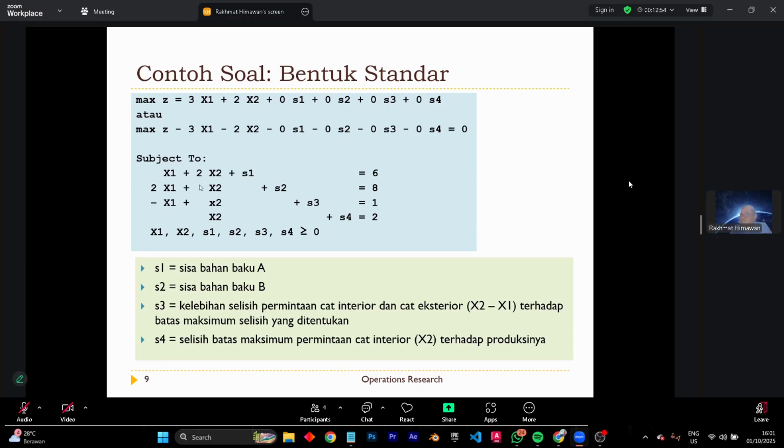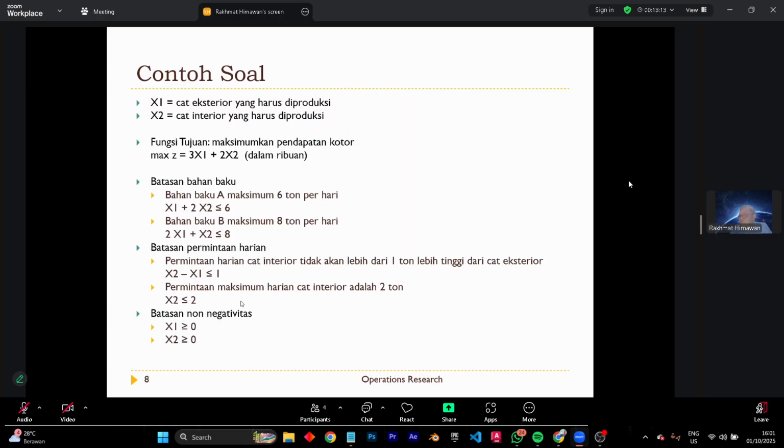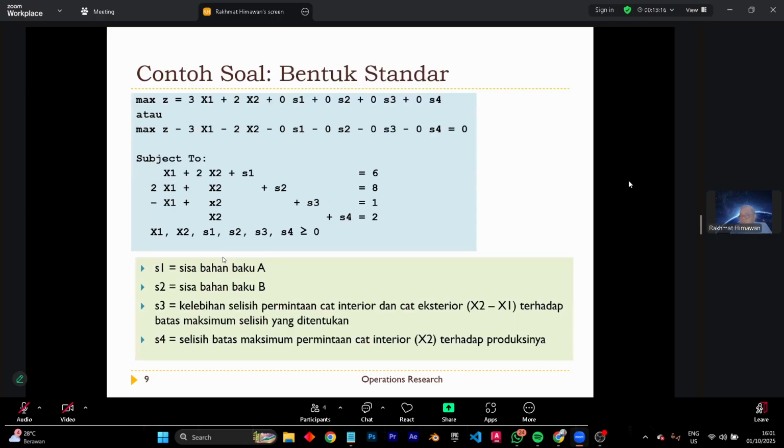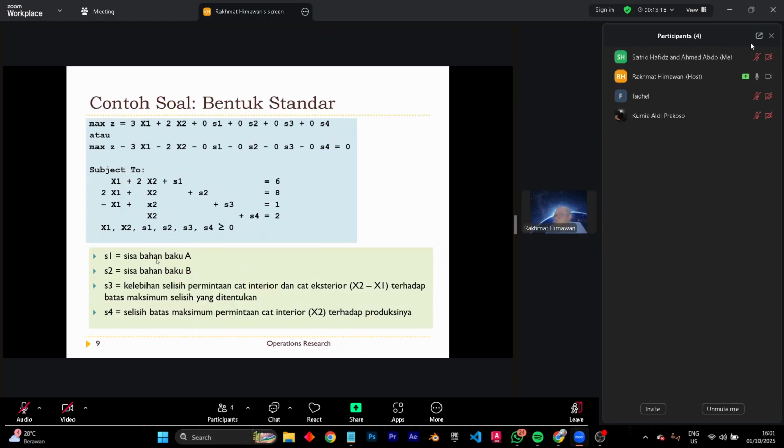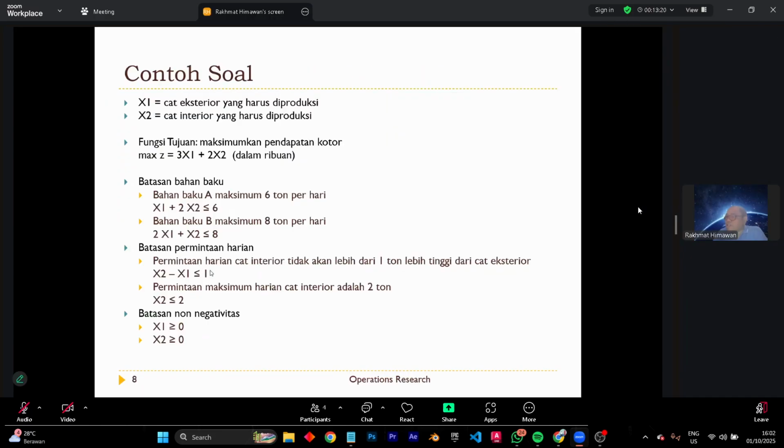That's what it means. Also, S2 is related to raw material B. And the other ones are based on what's left over from the daily requirement. So everything has meaning now, depending on the story.